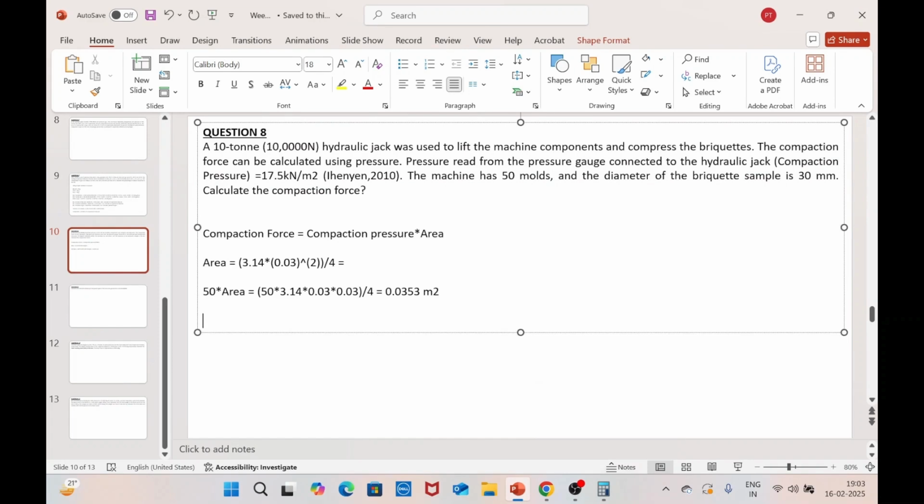So this is going to be the area of the machine, the molds.